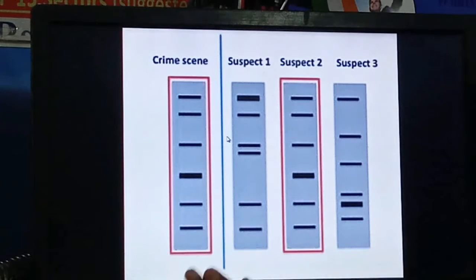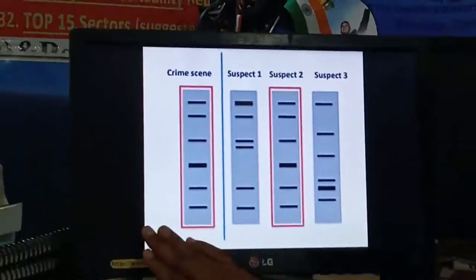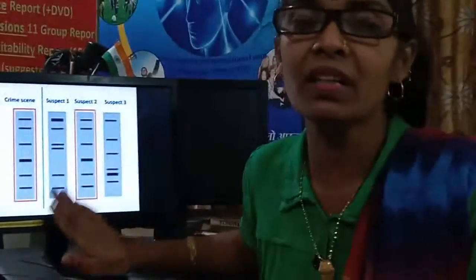Another thing is that this is also used to identify the criminal. Now how is it? You must have seen the CID serial, right? And you also know how our police work to find out the criminal.